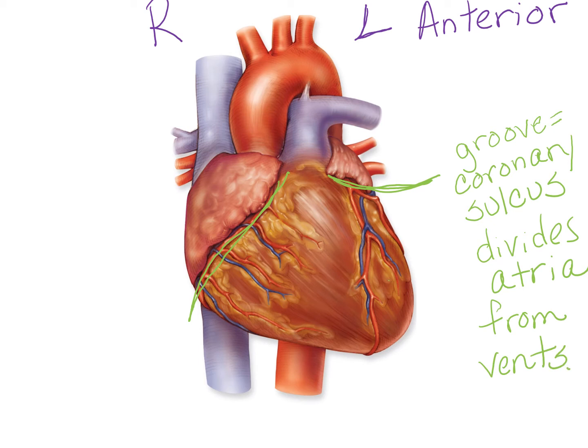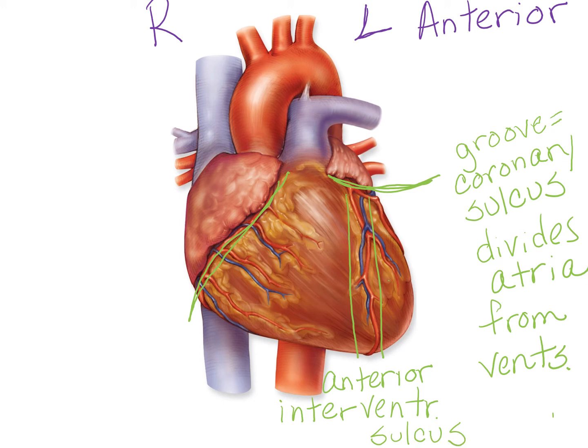And then we see a set of vessels here. They also lay in a groove. That groove is the anterior interventricular, or between the ventricles, also sulcus. So that again is a groove.